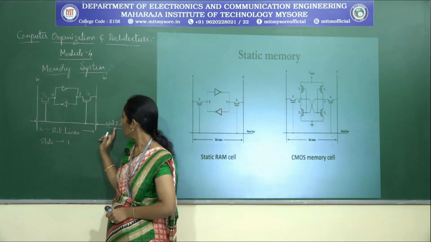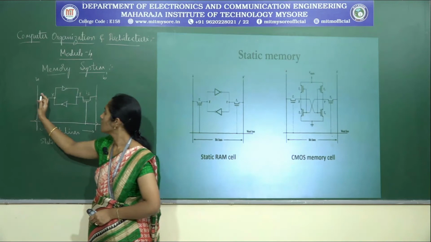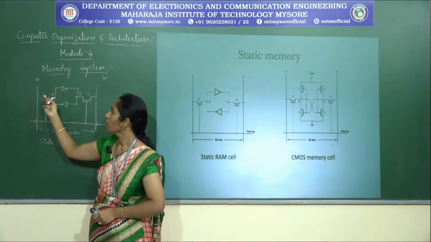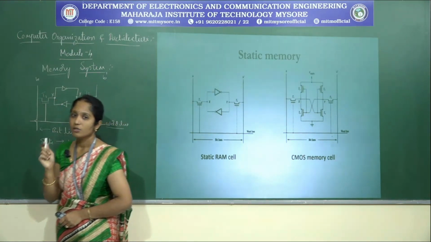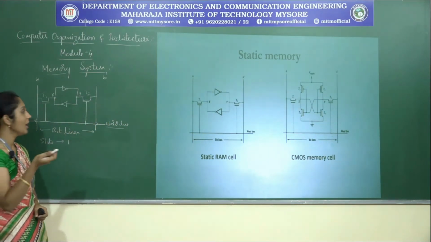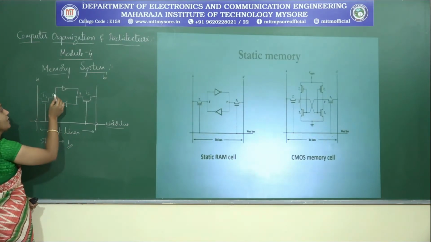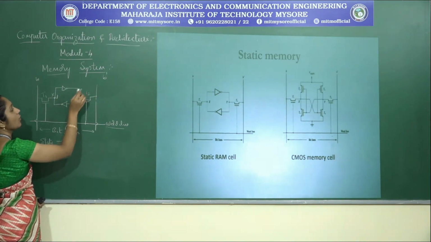Whenever we activate the word line, T1 and T2 will be turned on, and whatever value we had stored earlier, that is what we are calling the state as 1. So we will be having X value as 1, and Y value as 0.